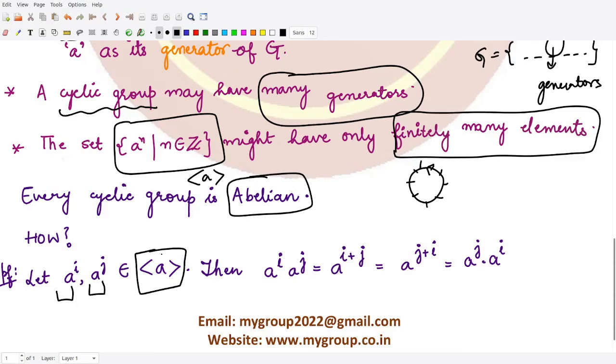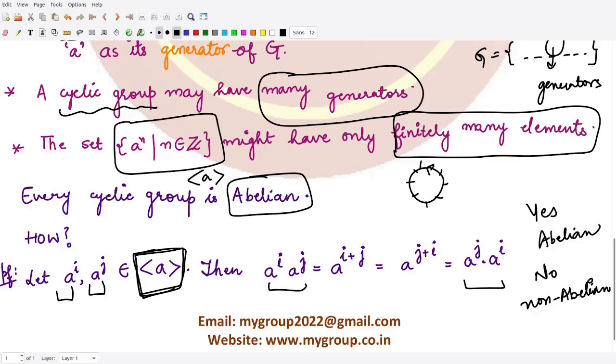We know the elements of this group are the powers of a, so we can take two such elements. Now we want to check whether a to the power i times a to the power j is equal to a to the power j times a to the power i. If yes, then we say the group is abelian because we have considered two arbitrary elements here. If no, then we would say the group is non-abelian, correct?